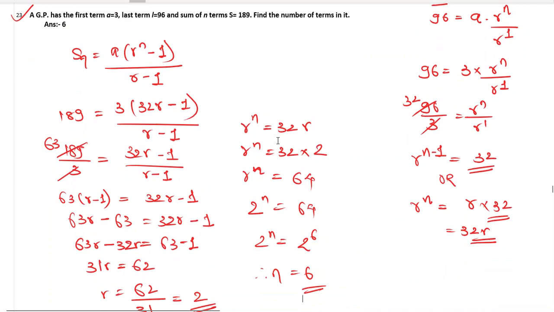I replaced r raised to n in terms of r, and I let r minus 1 be as it is, and then simplified and solved for r, and then I found n, and the answer is correct. So this was solved example 19 from your textbook. Please go through this method once again. You will understand it better.